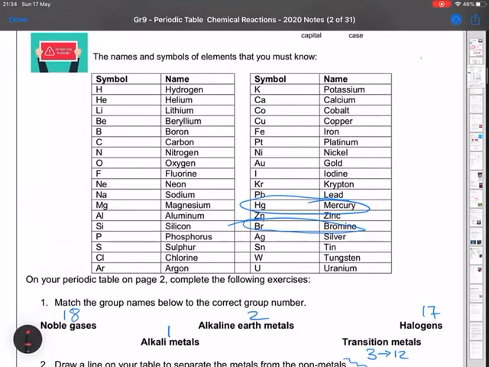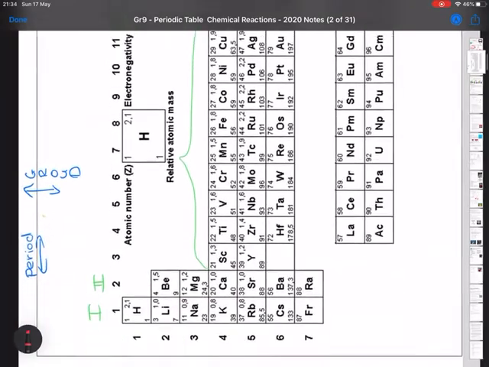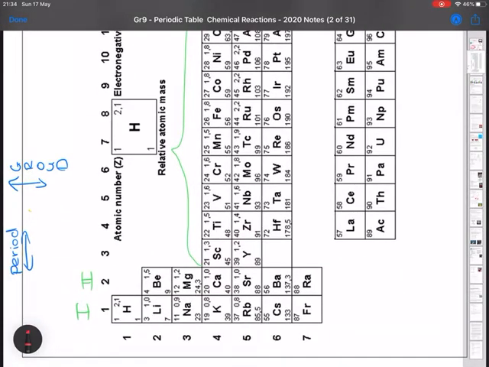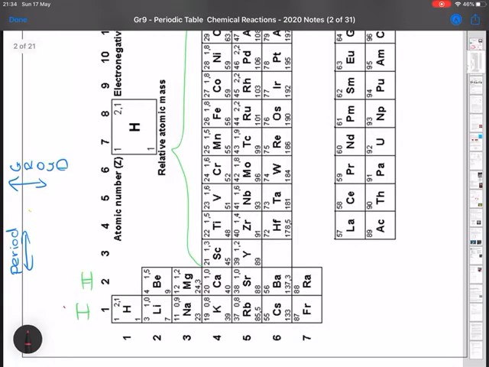Alright, so let's do this together. In fact, I recommend you pause the video, do it yourself, but if you're not sure, then I will help you. Okay, so group 1, alkali metals. Group 2, alkaline. Please be careful, there's a difference. Alkali versus alkaline, they're not the same.